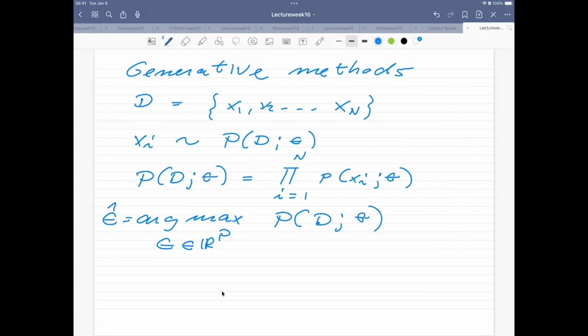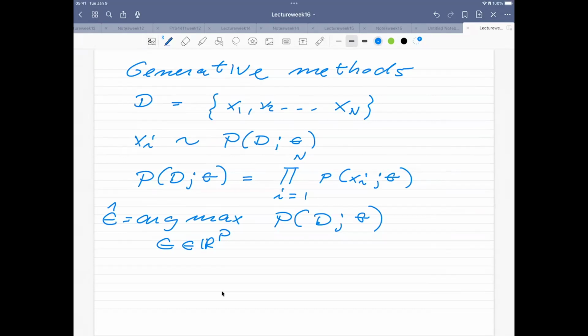In cases where the probability is very small, you have many numbers close to zero being multiplied together. That can easily lead to a loss of numerical precision, and it's also a bit more clumsy to calculate the gradient of this quantity.